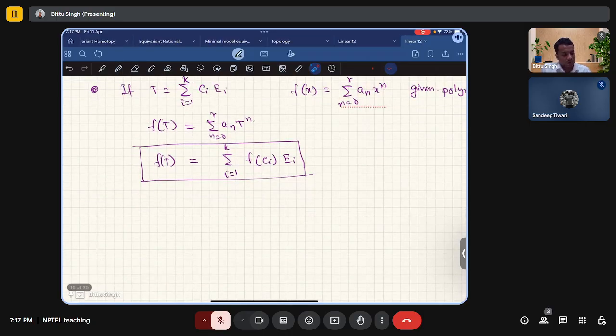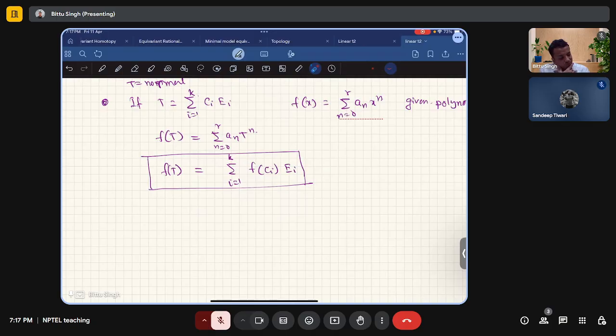So I said that if f is a given polynomial, then f of T can be written as the sum of f of ci times ei. Those f of ci are scalars times ei.